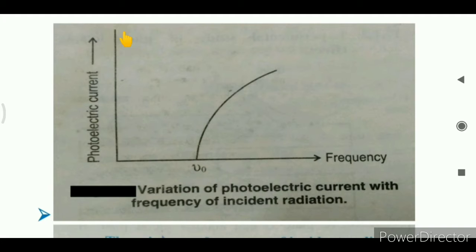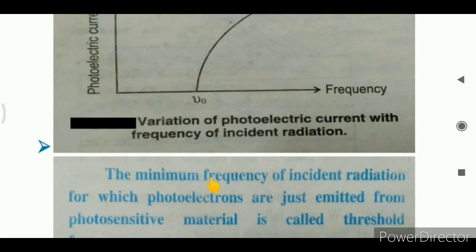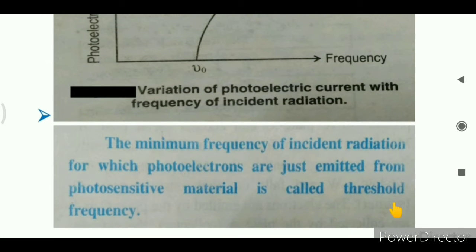This frequency is a characteristic of the material of the emitter plate E, and hence this particular frequency nu 0 is called the threshold frequency. So we can define it: the minimum frequency of incident radiation for which photoelectrons are just emitted from the photosensitive material is called the threshold frequency.